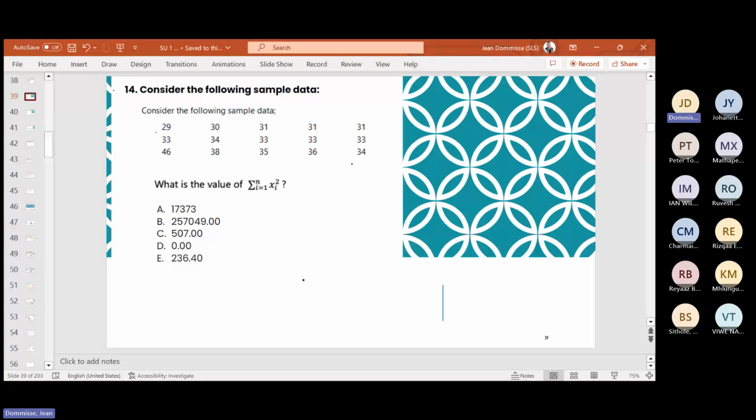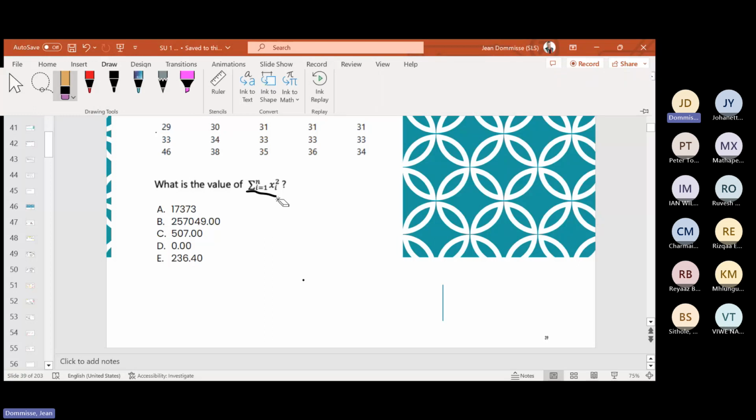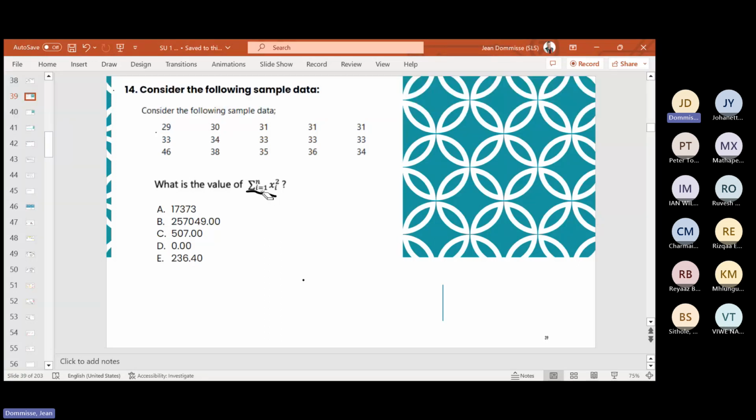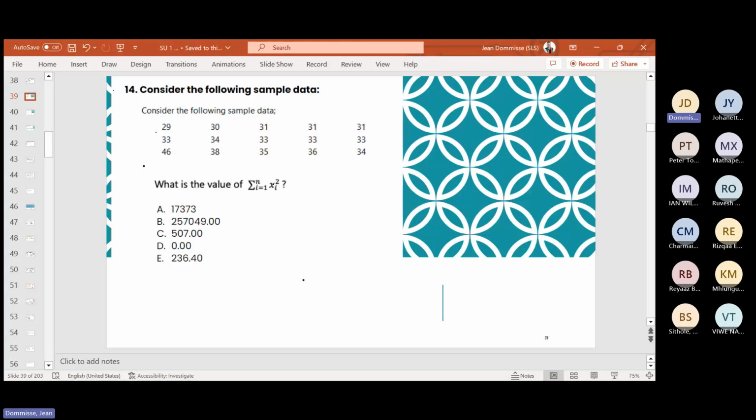What they have given you extra is one of the variables. All they want you to work out is the sum of all of these x's, but each time the x squared.